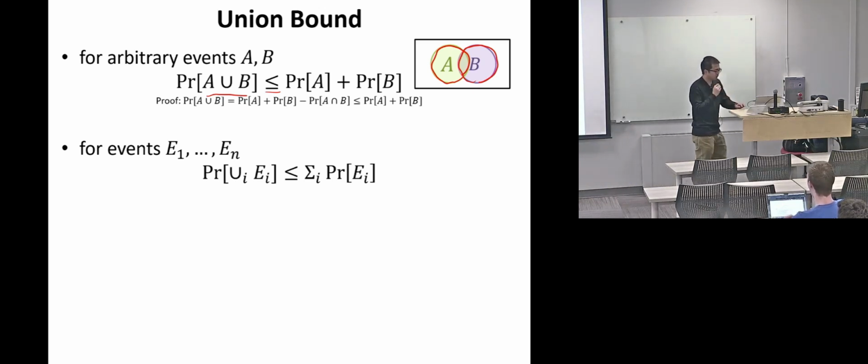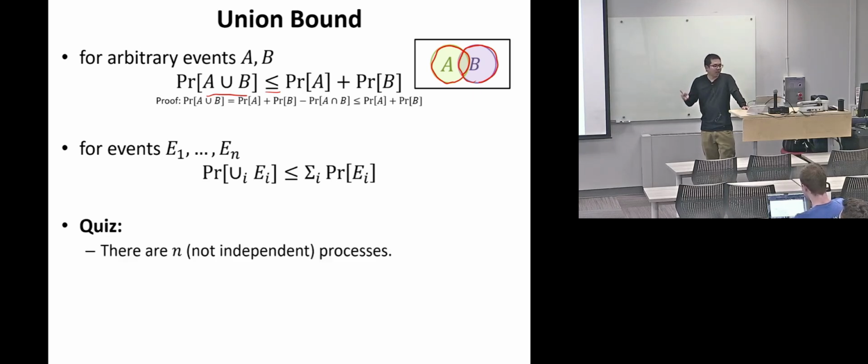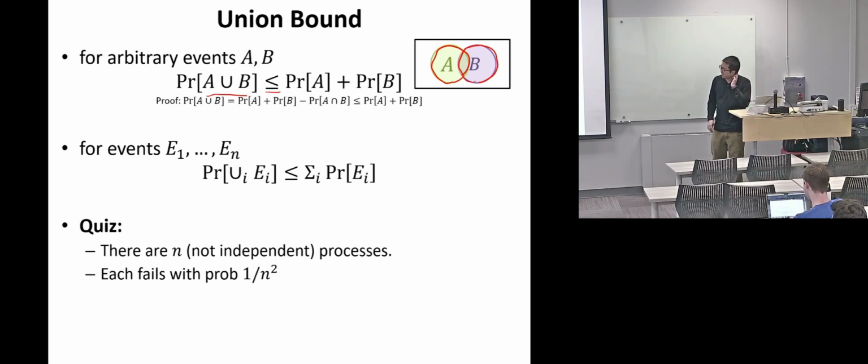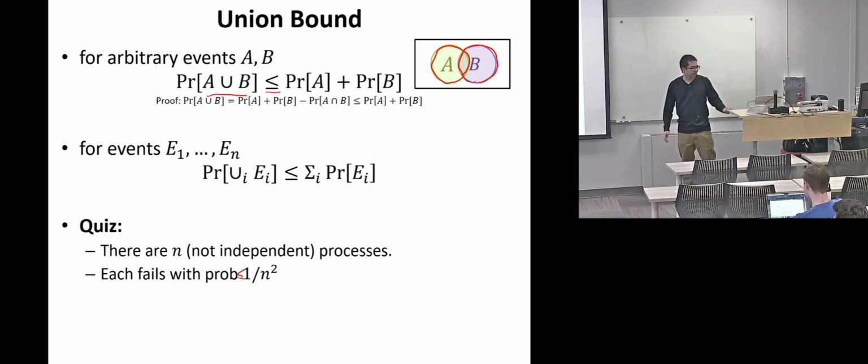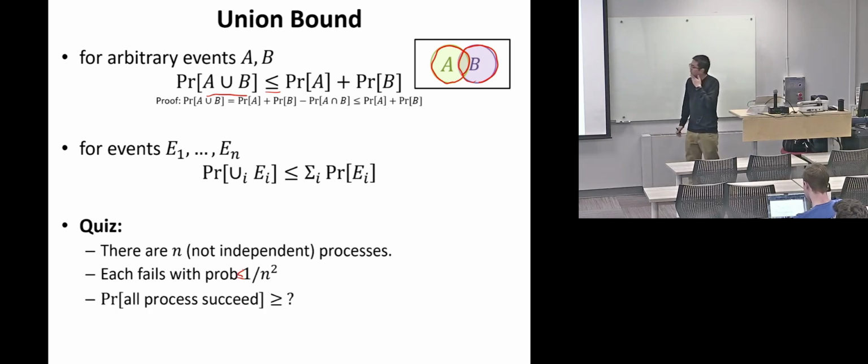Okay, now just a quiz for you. Suppose that there are n processes, and each of them fails with probability at most, let's say, 1 over n squared. And these processes might be related. Can you tell me about the probability that all processes succeed?